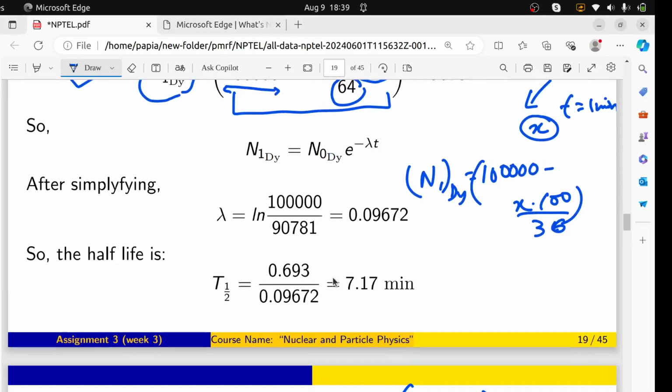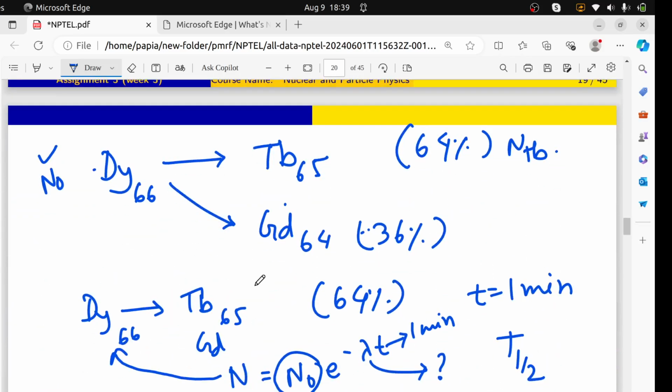So for this question, we only have to check which decay mode they are going to focus on and how much percentage is present in that decay mode. In that decay mode, Dy to Tb is 64%, and the Tb number of sample is given.